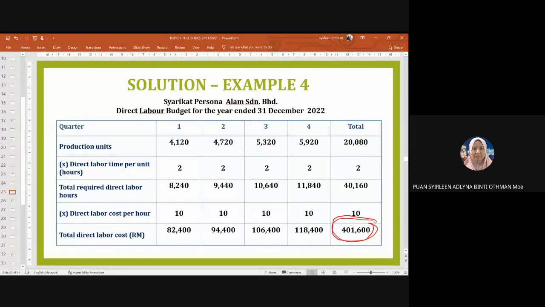You akan bayar gaji, you akan bayar untuk purchase tadi tu. Sebab you are not purchasing your direct material in cash terms, you guna credit terms. So nanti kita akan tengok macam mana kita buat payments in your cash budget. And then you have your manufacturing overhead. So all this you need to pay during the production quarter. Okay, lepas tu kita nak tengok whether kita punya cash flow tu okay ke tak okay after paying all these.